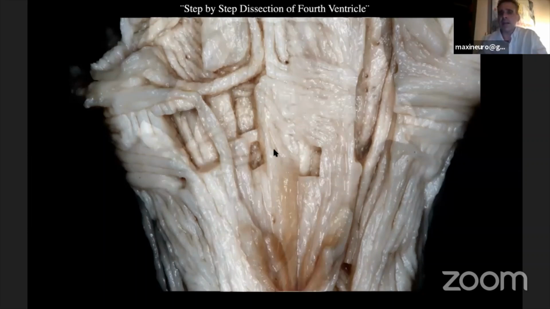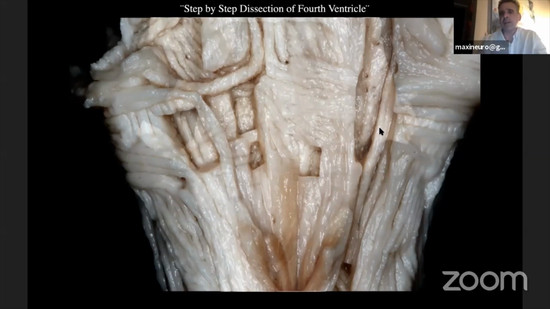In the middle, the intercalatus nucleus, but in this case, I cannot dissect it. Again, here, the tectospinal tract, the central tegmental tract, here the nucleus ambiguus, and here the trigeminal spinal tract. Sorry. Here I remove some of the acoustic part just to understand this tract. This is the nucleus and tract of the fasciculus solitarius, deep inside the fourth ventricle.